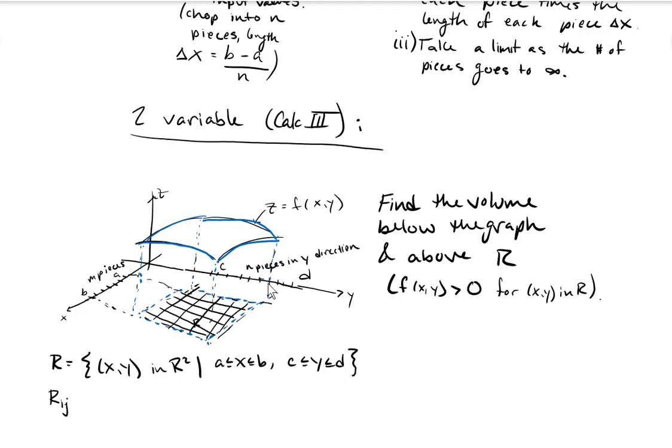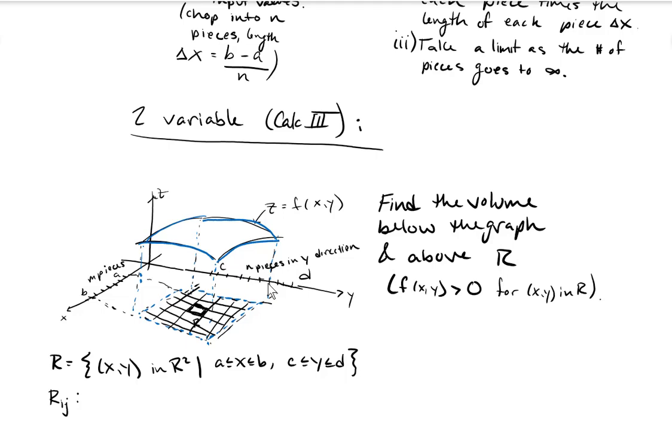So i could be anything from 1 to m, and j could be anything from 1 to n. Let's describe that thing. Maybe that's where it sits. Maybe we're looking at the 1, 2, 3, and 1, 2, 3. This would be R3,3, so that's i equals 3 and j equals 3.